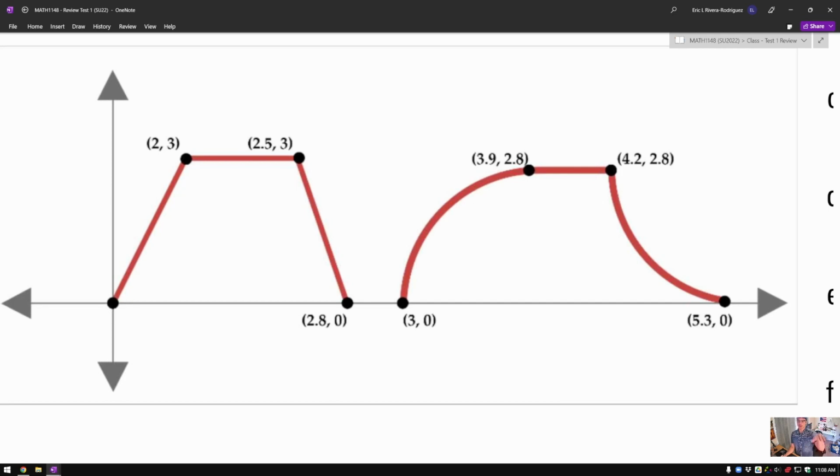Tell me what is the absolute maximum value, the absolute minimum value, and also tell me what is the local maximum value and the local minimum value. Okay? I'm going to give you 2 minutes and put your answer on the chat.